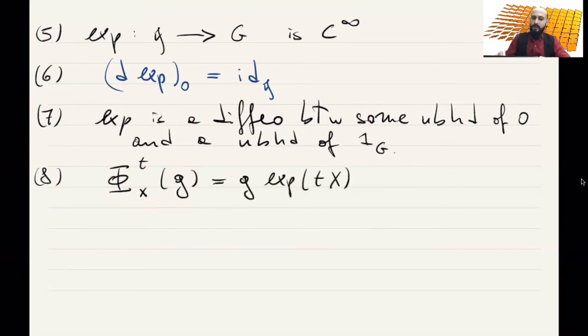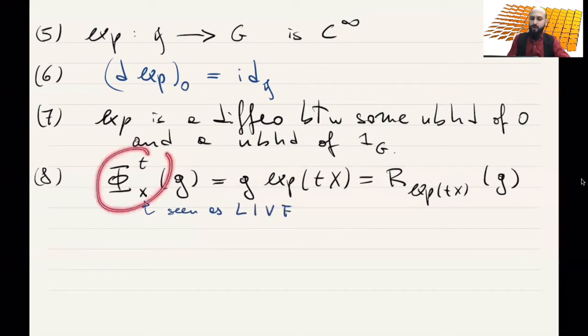Now, if you see this map as a map in G, this is equal to the right translation by exp tx of g. So it is interesting because here the vector field x is seen as a left invariant vector field on G. So what we have is that flows of left invariant vector fields are right translations.